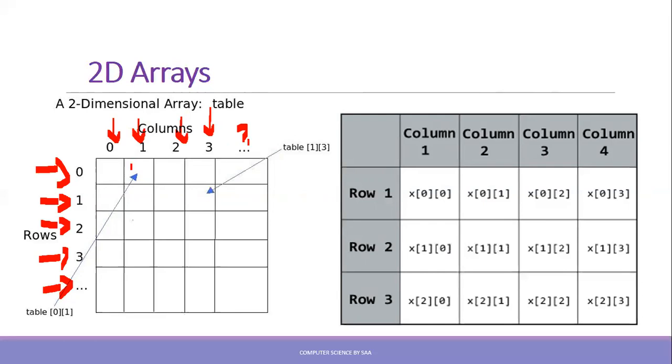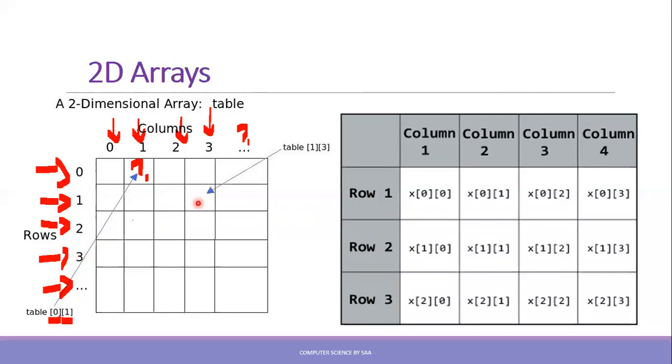Now, what is this location called? First of all, we mention the row, that this is 0, 1. So this location is the 0, 1 location.